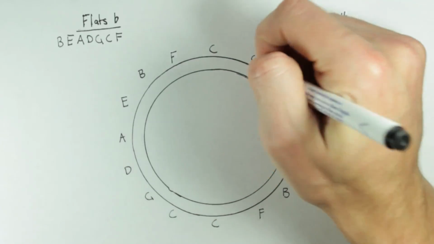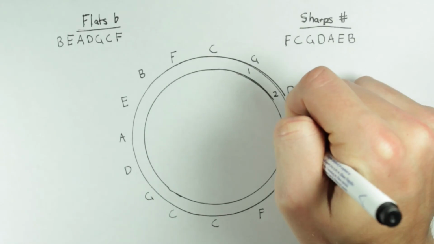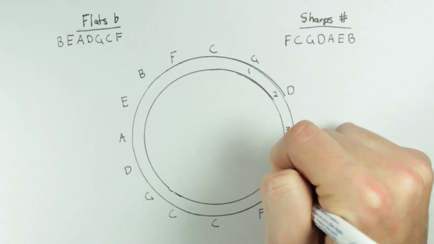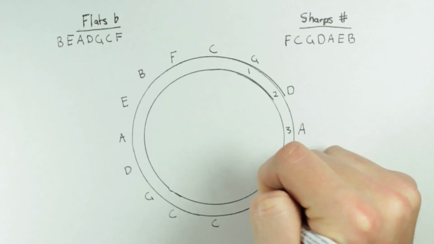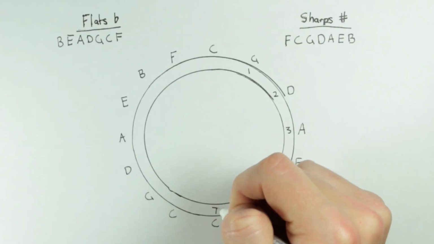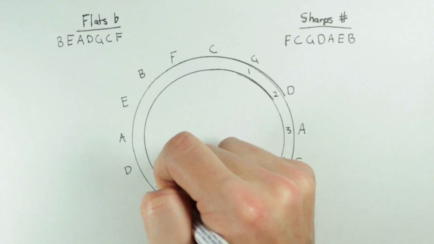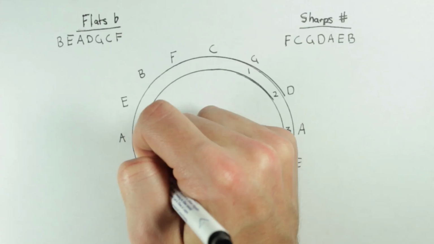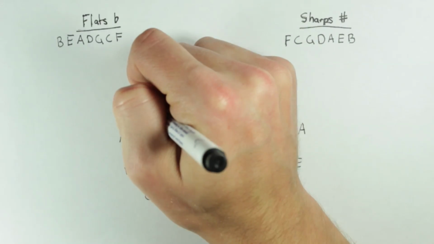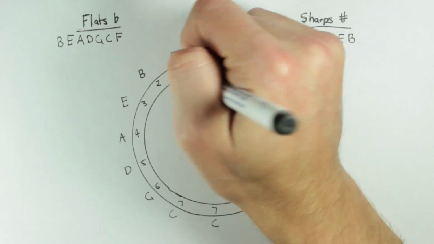So we'll start on G with 1, 2, 3, 4, 5, 6, 7, and now we descend. 7, 6, 5, 4, 3, 2, 1.